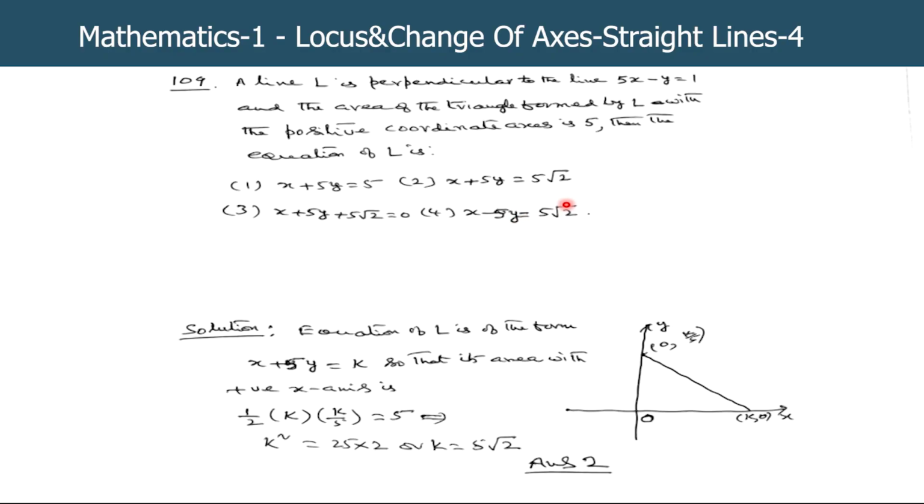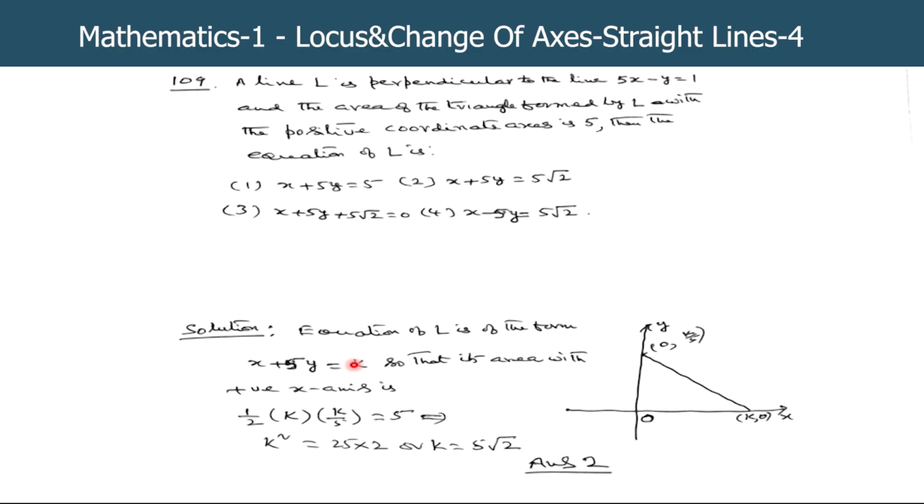So, a line L is perpendicular to 5x minus y is equal to 1. So L must be of the form x plus 5y is equal to k because it is perpendicular to the line 5x minus y equal to 1.